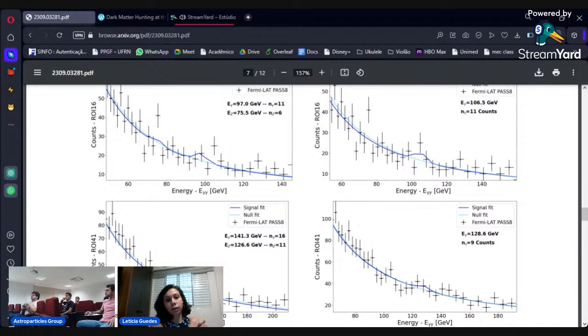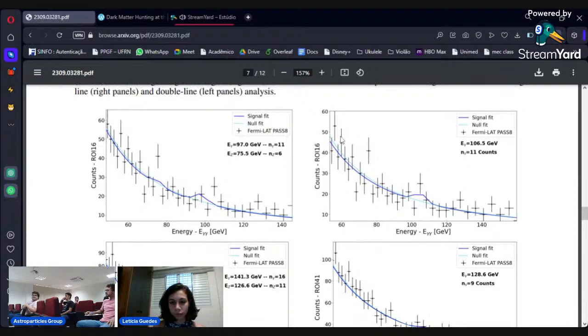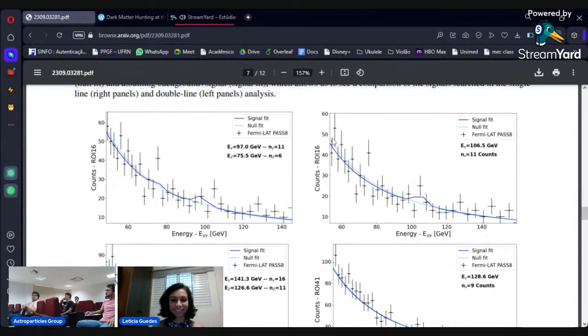No, there is actually one thing: millisecond pulsars. But even this one is a bit tricky. It cannot explain exactly the excess. Perhaps we are seeing a signal, but there's not enough statistics yet.